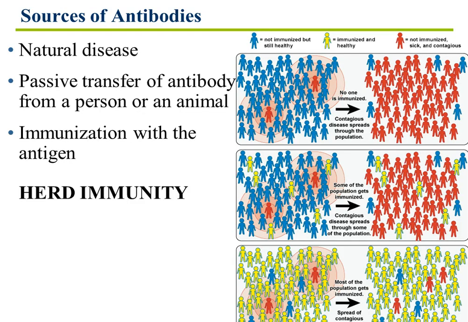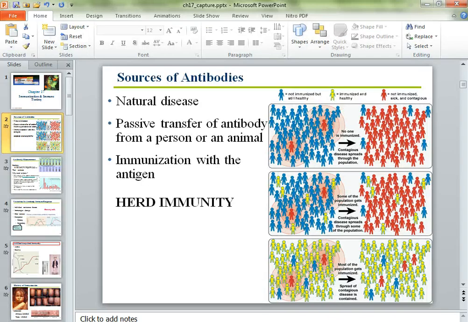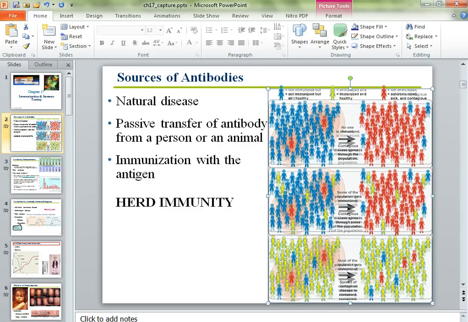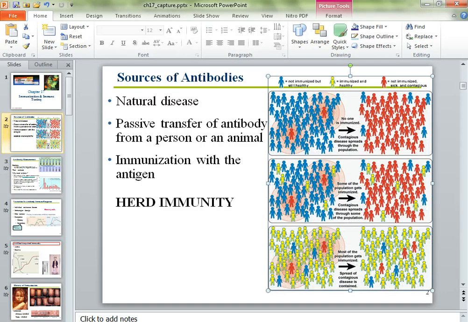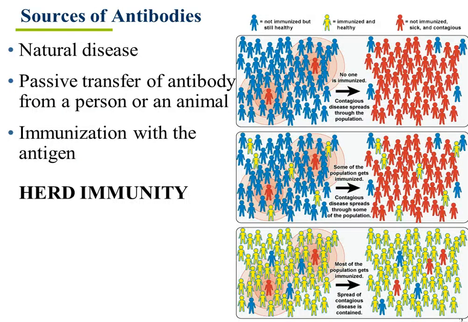So you see a picture over here about herd immunity. Get my picture a little bit higher here so you can see it. All right, so up at the top, look at the people in blue. You've got a population of 40 people there or so. And you can see that there are a couple of people in red that are ill.